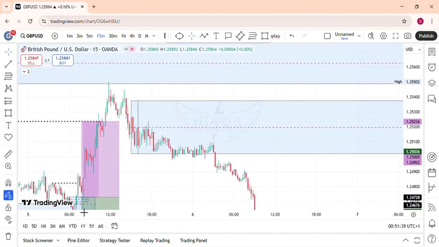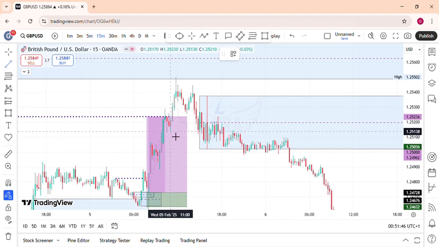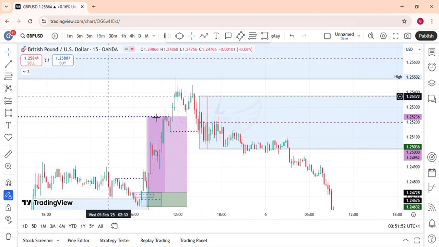After market taps into this fair value gap, what we need to look for is our break of market structure. After tapping it, this is our break of market structure right here.